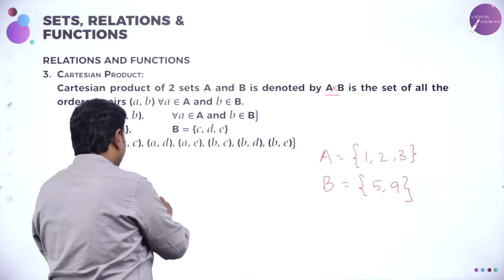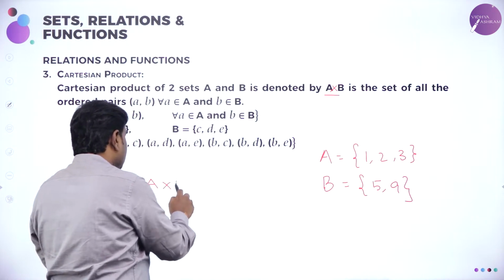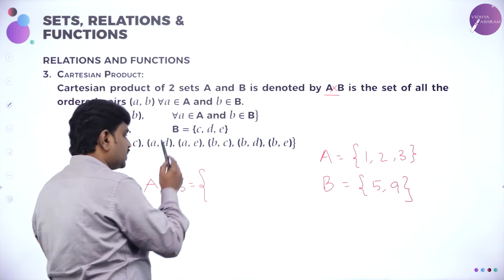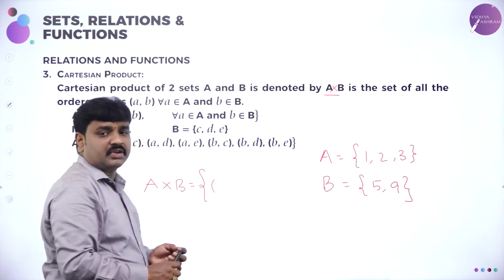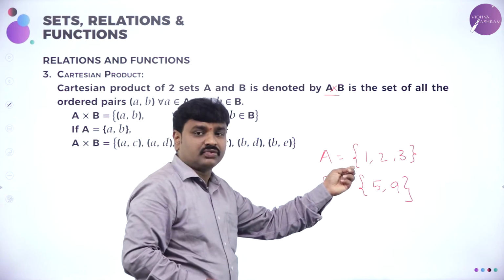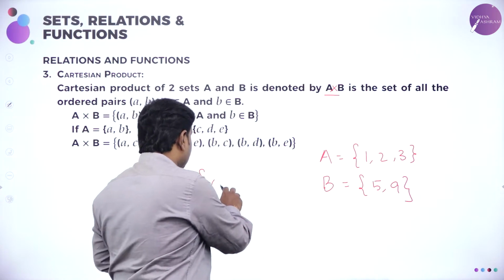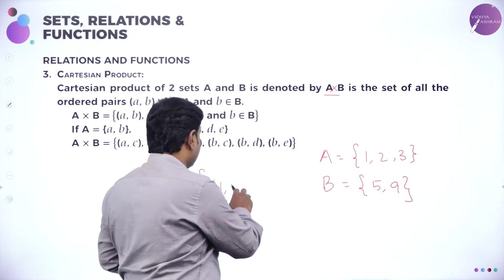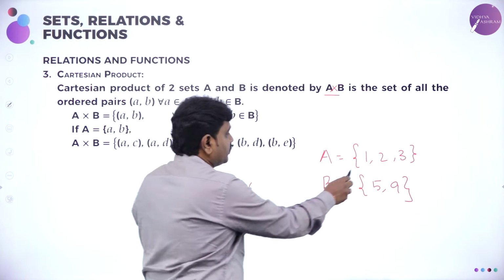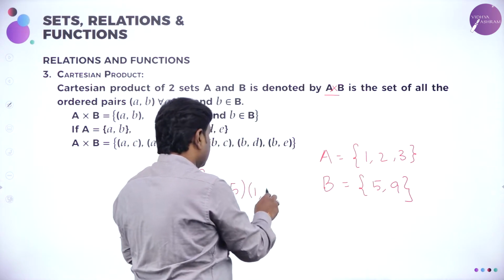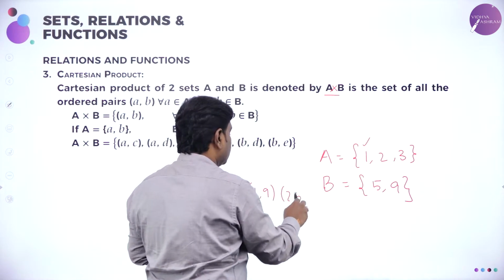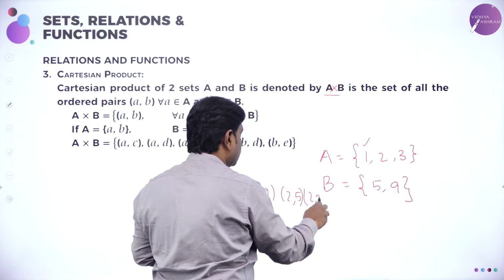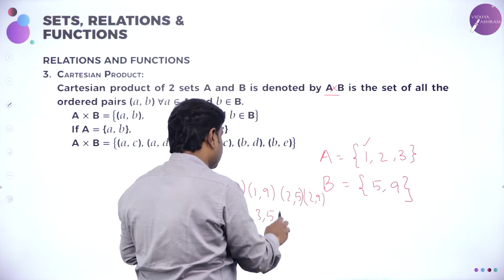If I ask you to find A cross B, it is a set containing ordered pairs. In an ordered pair, the first element should belong to the first set. The first set is A, so (1, 5), then take 1 with 9, (1, 9). Now 2: (2, 5), (2, 9). Then (3, 5), (3, 9).